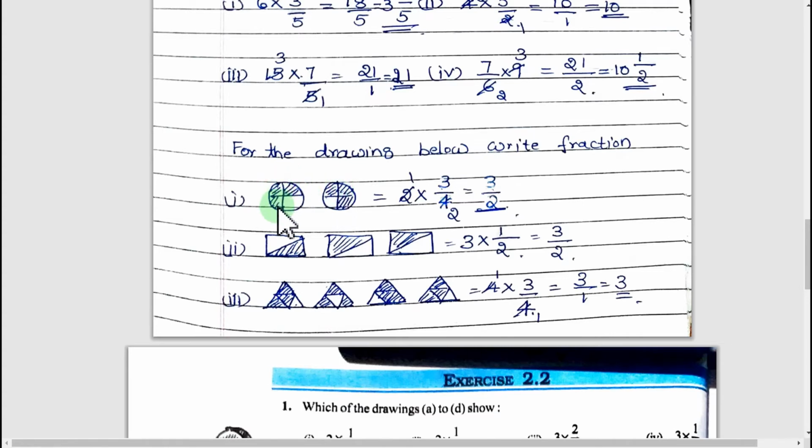Here 3 parts are colored, and altogether this circle is divided into 4 parts. That 4 will go to the denominator, and the number of colored parts will go to the numerator. 3 parts are colored here also. In the two figures, 3 parts are colored out of 4 divisions. So here again, if division is possible, we can divide.